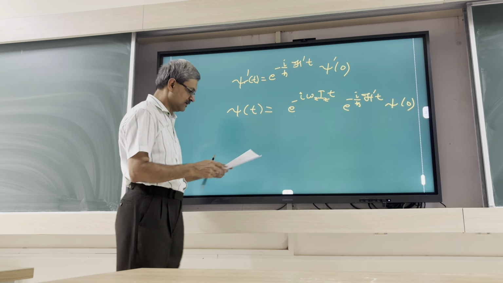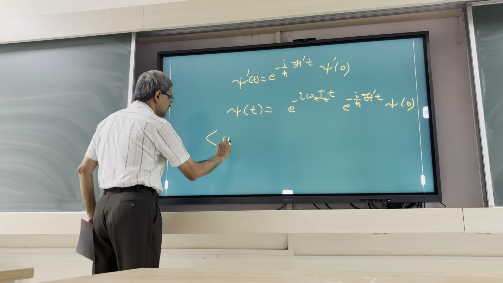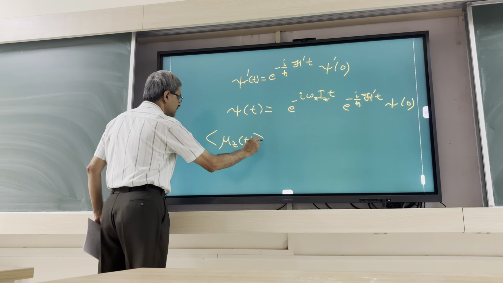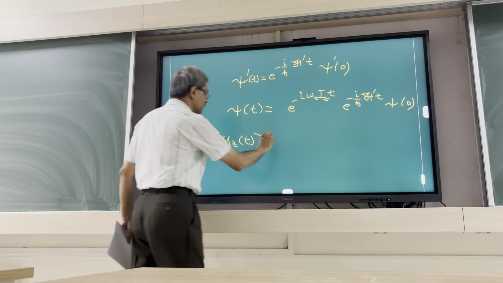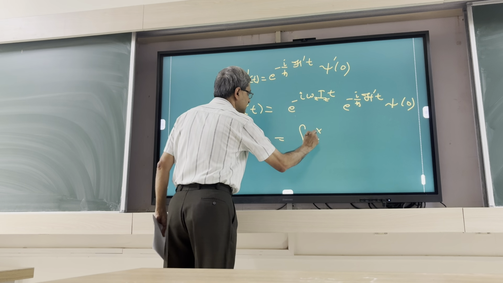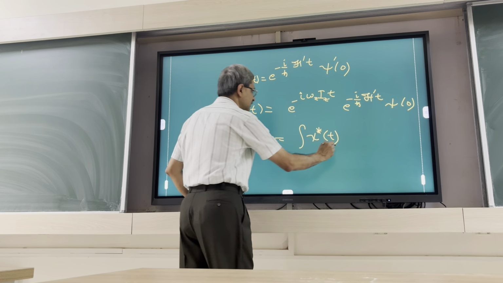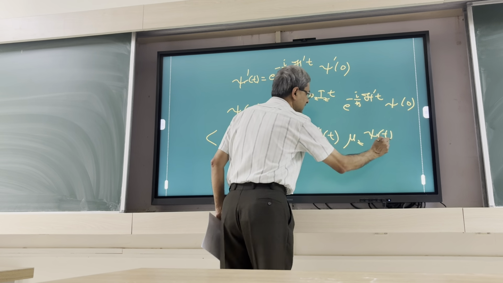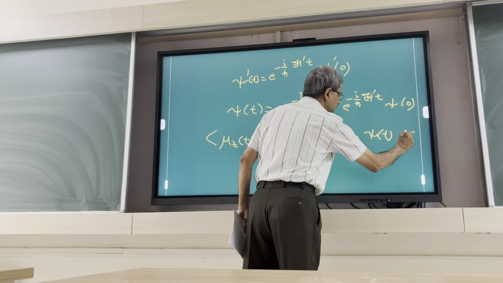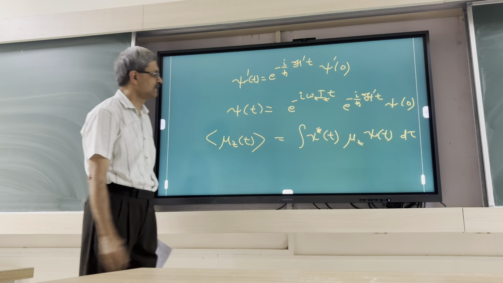So you want to calculate, let's say, this quantity. So straightforward, right? You just do integral psi star t mu z, whatever is that operator, psi t, integrated over whatever is the spin space.